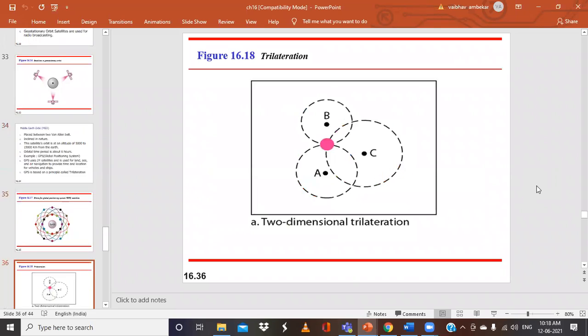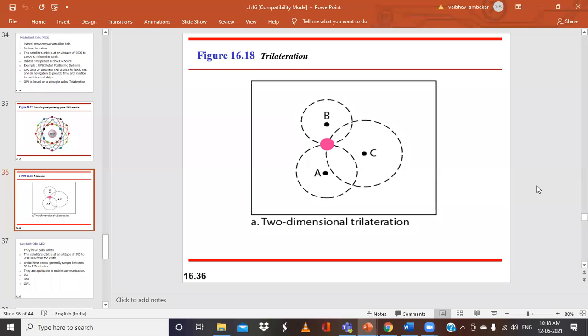So what this trilateration tells is, suppose we are at a certain location. This pink color is considered as our location.